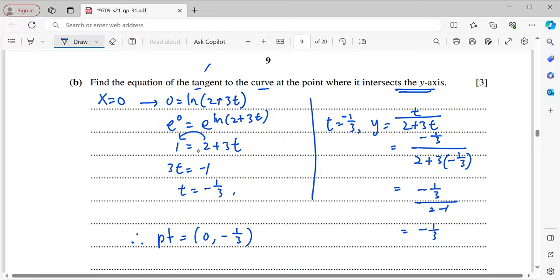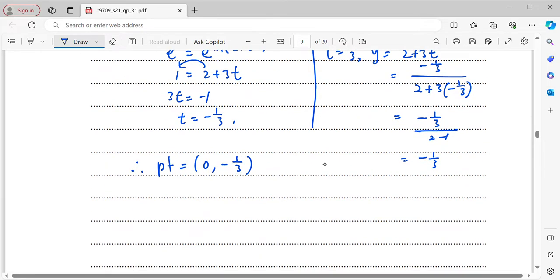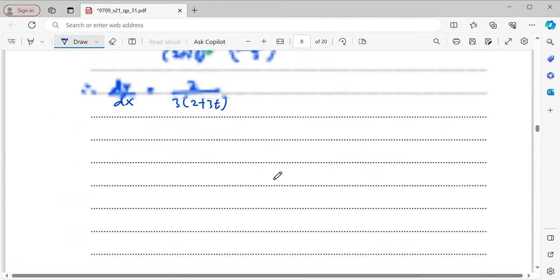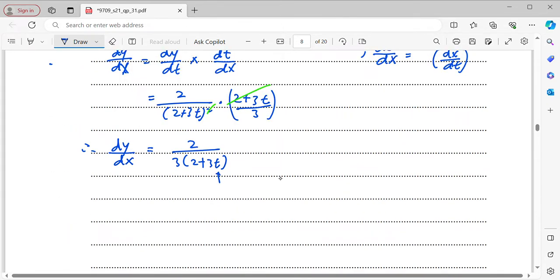And now we need to get the tangent equation, which means we need to find the gradient of the tangent, which is also the dy/dx. So when t equals negative 1 over 3, we have just found the dy/dx just now. So just replace the t value. So 2 over 3 bracket 2 plus 3t.